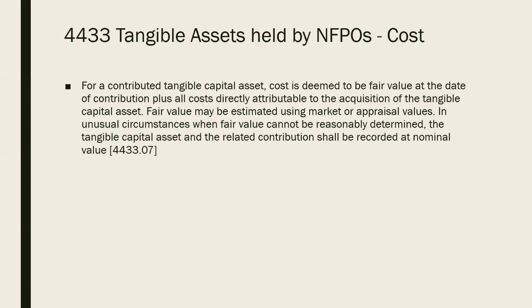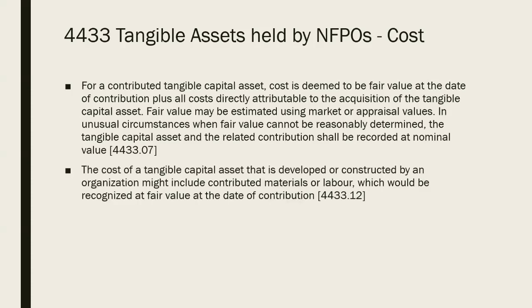If that is the case, then the tangible capital asset and the related contribution needs to be recorded at nominal value. Now, that nominal value could be $1, $1,000, some small number. The cost of a tangible capital asset that's developed or constructed by an organization may include contributed materials or labor, which will be recognized at fair value when contributed.